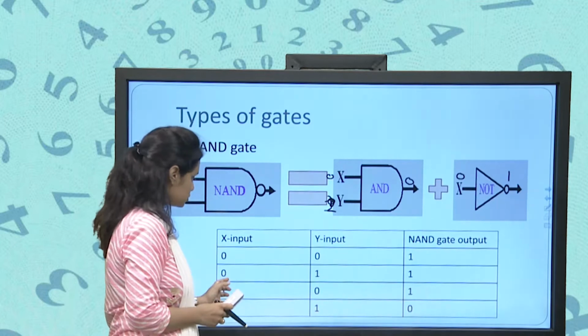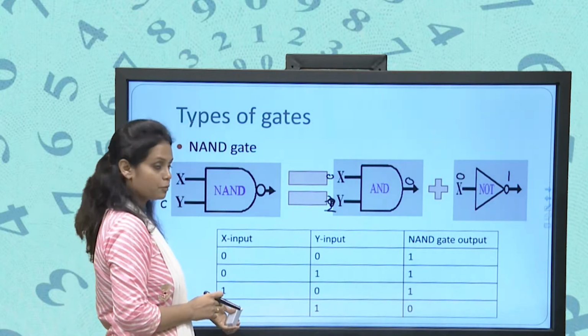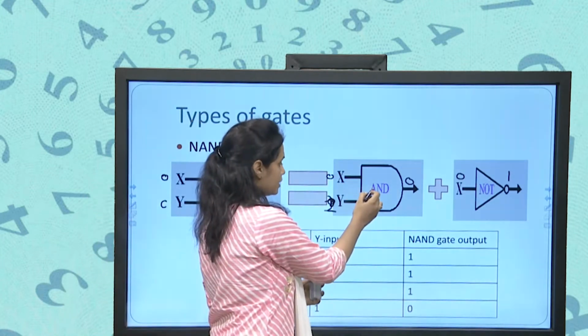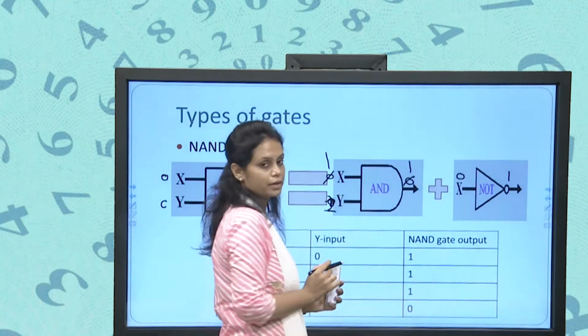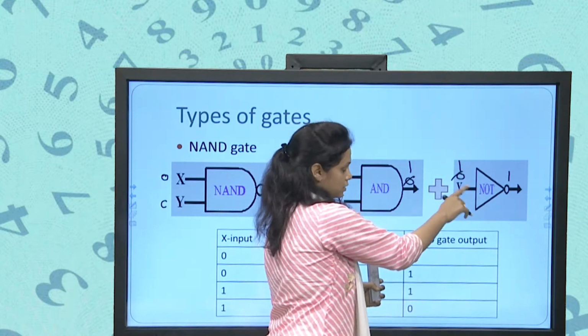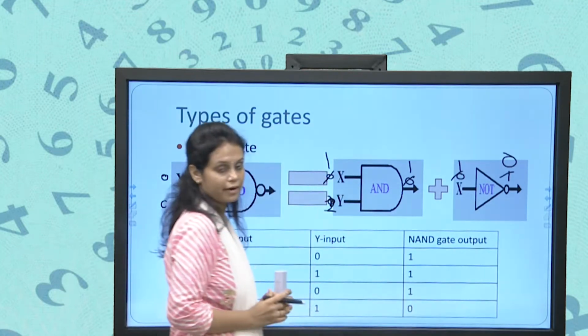In the third case also it will give the output 1. We will see the fourth case. Our x input is 1, y input is 1. So the AND gate output is 1. This 1 is passing over here, and the NOT gate output of this 1 will become 0. Fine.